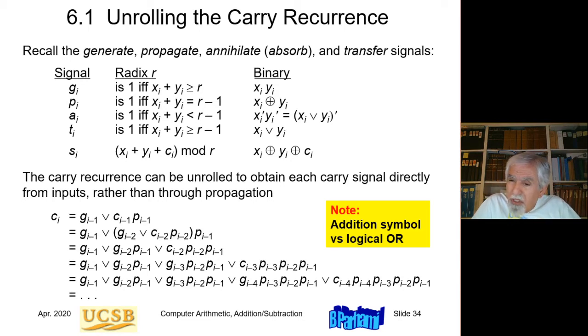Okay, it's very logical that carry must have come from somewhere. That somewhere can be position i-1, where it was generated, or it could have been generated in position i-2 and propagated, or position i-3, or position i-4, generated in position i-4, or it could have entered position i-4 and then propagated by all other positions between i-4 and i.